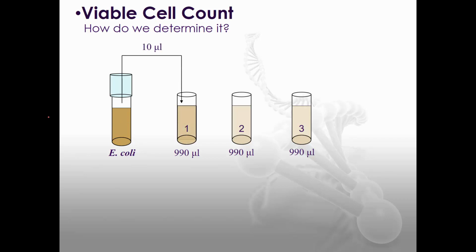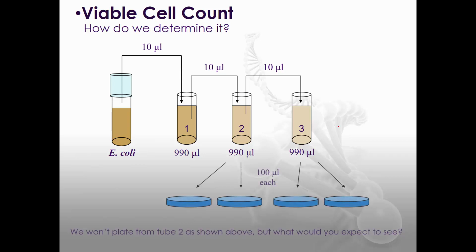Well, we took 10 microliters, put it in 990, and then mixed it, and then we took 10 microliters from this tube 1 and added it to 990 microliters of sterile media, and then we mixed it, and then we took 10 microliters from there and put it into tube 3, which had 990 microliters of sterile media. And so it started out very dense. It became less dense in tube 1, even less dense in tube 2, and much less dense in tube 3.